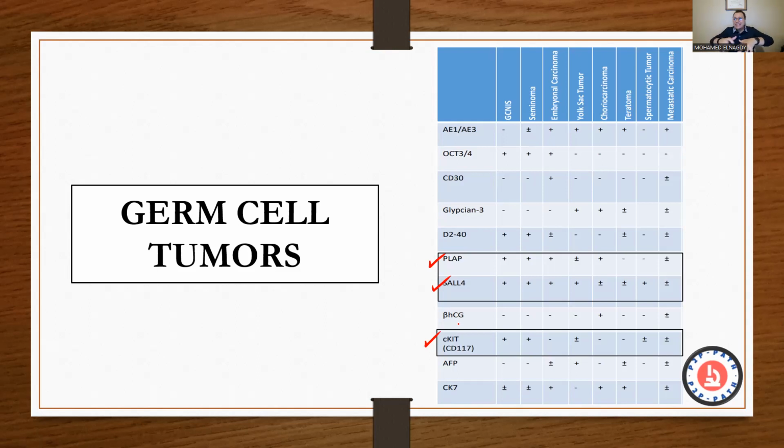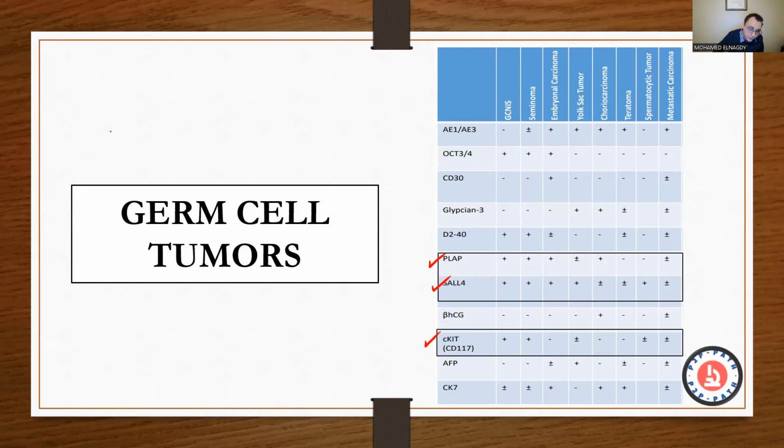They are positive in nearly all the germ cell tumor entities. These are BLAB, SAL4, and c-KIT. c-KIT, which I always say is the KIT, is CD117, actually. So BLAB, SAL4, and c-KIT, or CD117.